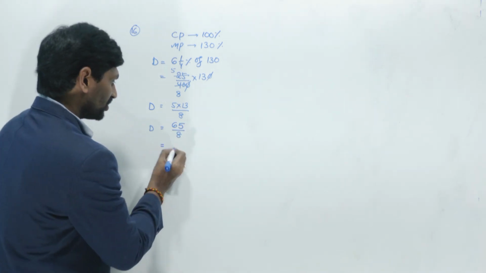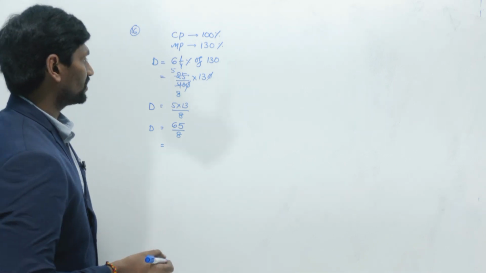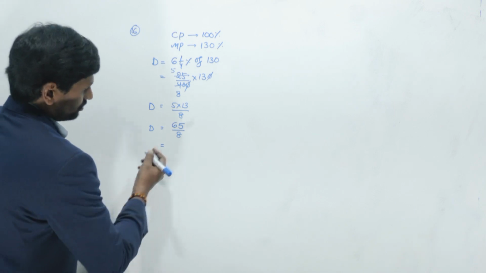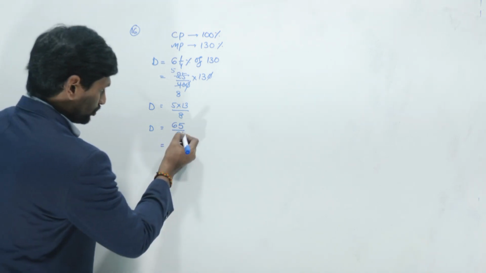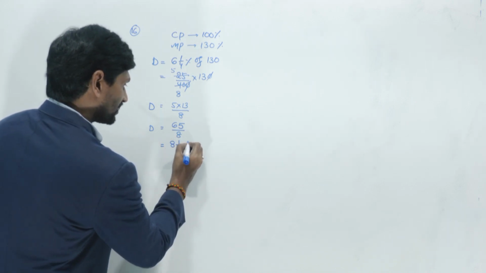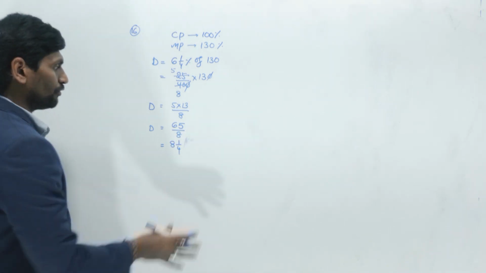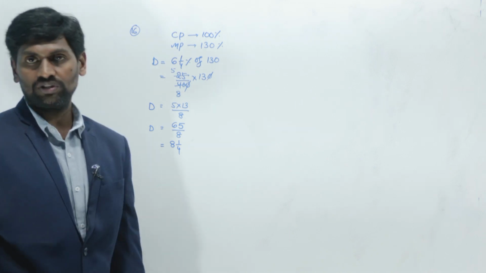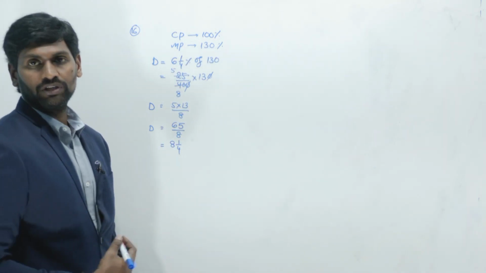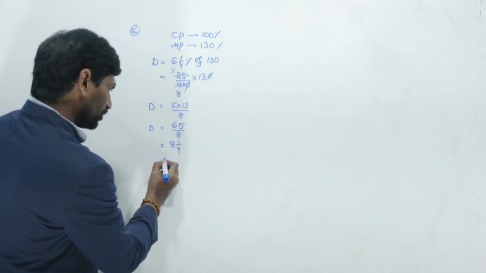The discount amount is definitely less than 100 rupees. We need to subtract that also. 8 8s are 64, so 8 1/4 rupees is the discount. Subtract 130 minus 8 1/4, that is 8.25.